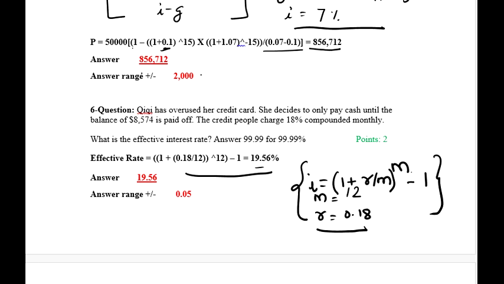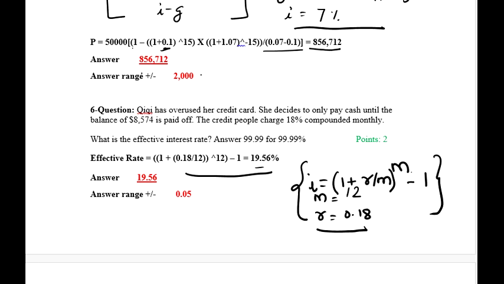So the effective interest rate is the interest rate that takes compounding into consideration, and it is basically used for analysis. So if you go to slide number 4.10 of unit 4.4, you get the effective yearly rate, and its formula is (1 plus r over m) to the power m, minus 1.